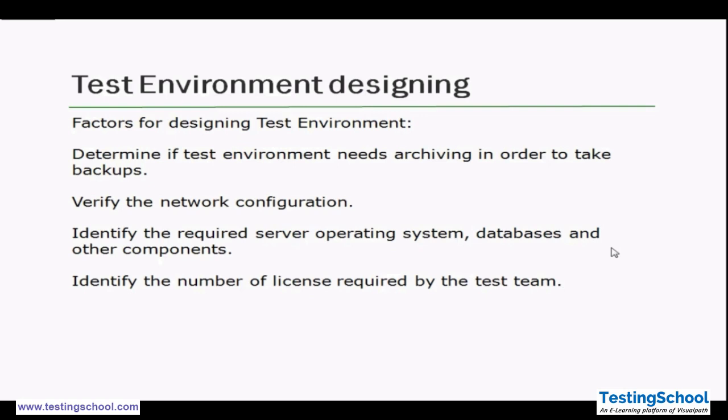Factors to design test environments are whether the test environment needs backup, verifying the network configuration, identifying the required server operating system, database and other components, and identifying the number of licenses required by the test team. So this is the test environment design which we need for testing.